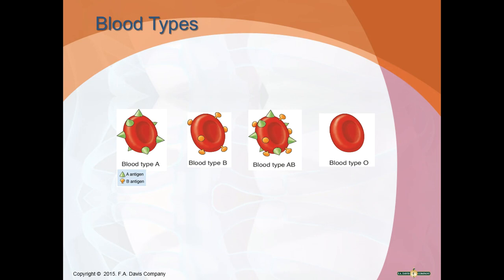There are two antigens, A and B. People with type A blood have the A antigen on their red blood cell. People with type B blood have the B antigen. People with AB blood have both A and B antigens, and people with type O blood have neither antigen.